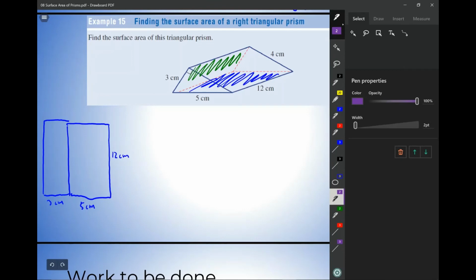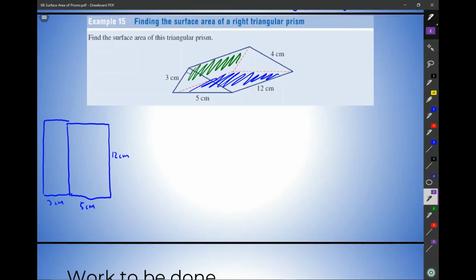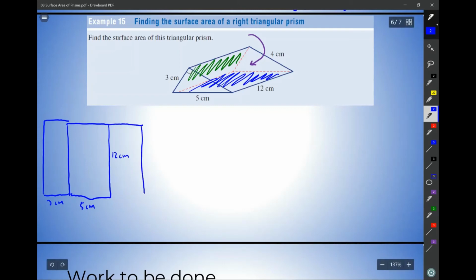And then next we'll do the front side, which is 4 centimeters long. And then now we just have to put the triangle on the top, which is 3 by 4, and the triangle on the bottom, which are both the same.